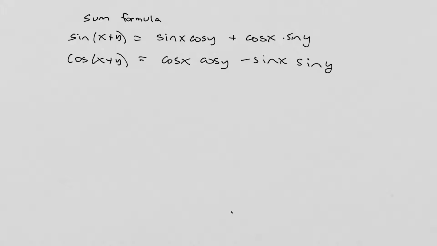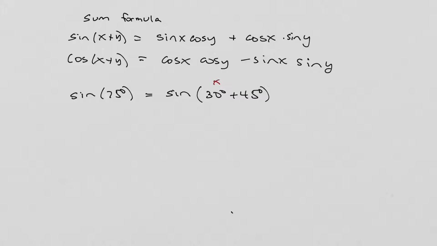All right? So if I wanted sine of 75 degrees, what I want to do is come up with two values that I know that add up to be 75 degrees. For instance, 75 degrees is 30 degrees plus 45 degrees.